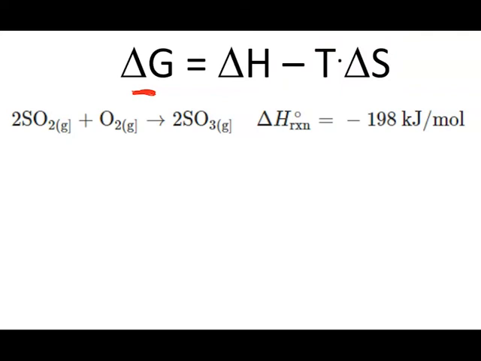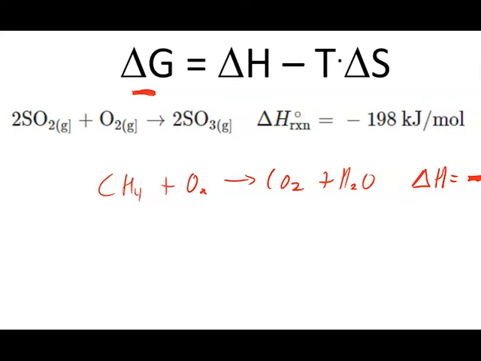If this was a combustion reaction, say methane plus oxygen yields carbon dioxide and water, we recognize this combustion, we know delta H is negative. That is one of the signs you just have to know. Really none other.